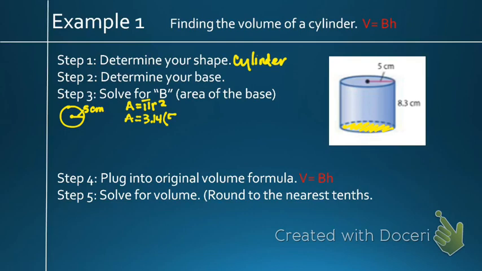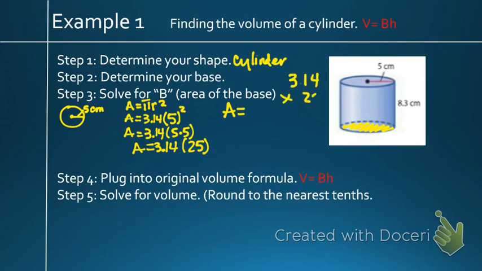The radius is 5, and it's squared. Remember that 5 squared is not 5 times 2. It is 5 times 5. So 5 times 5, we get 25. Now I have 3.14 times 25.